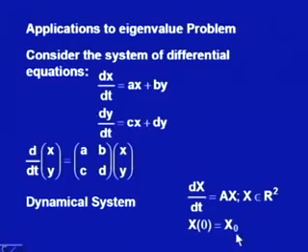Actually, this condition simply means that x at t is equal to 0 is x naught and y at t is equal to 0 is y naught. So, that initial condition is also written in a compact form, and this system is called a dynamical system. We call it a dynamical system because it is changing with time. So, we are considering how the dynamics of the vector x is changing with time. So, that is the meaning of a dynamical system.